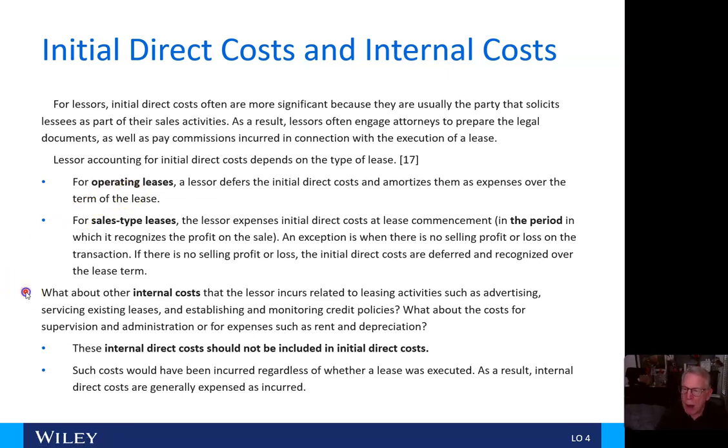Now, what about other internal costs that the lessor incurred related to leasing activities, such as advertising, servicing existing leases, and establishing and monitoring credit policies? Well, what about costs for supervision and administration, or for expenses such as rent and depreciation?